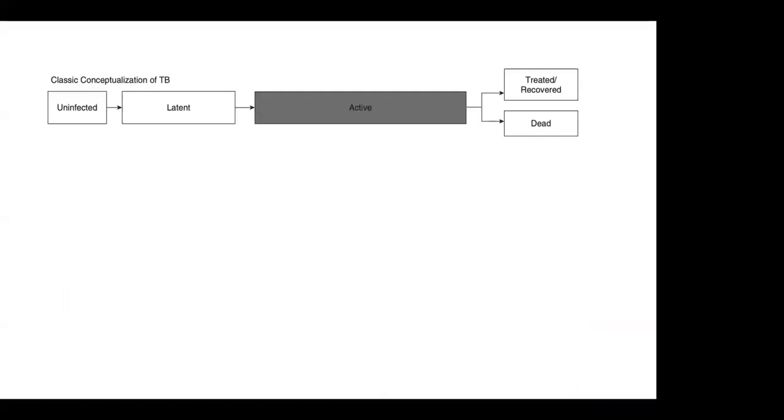A couple of slides, first of all, just to define what we're talking about. The classic, or at least recently prevailing, notion of TB disease, I see Marcel smiling, is the idea that we have this spectrum from latent to active, or at least these states of latent and active.